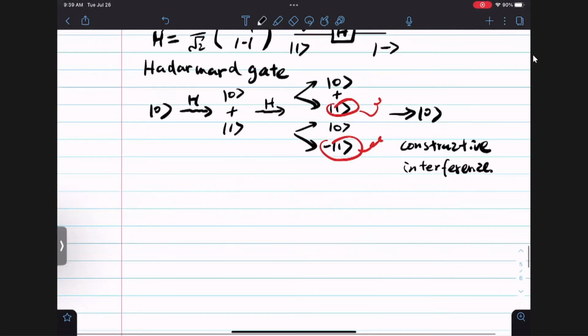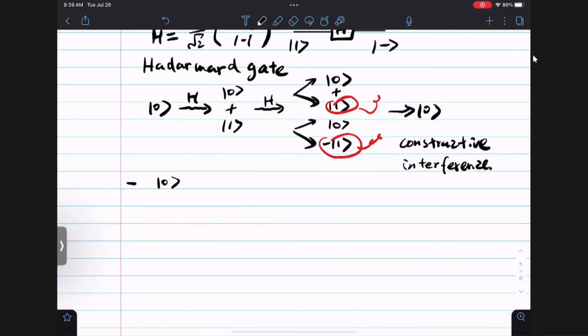But a follow-up question: can we distinguish K0 versus K plus? What do you mean by distinguish?